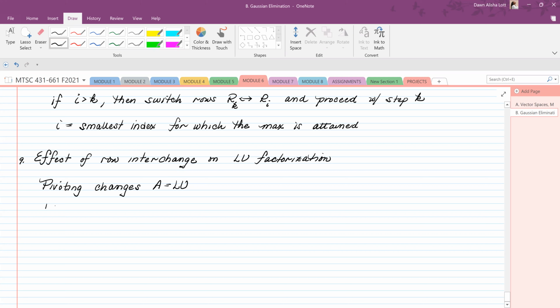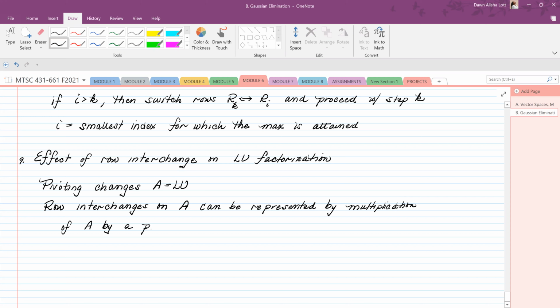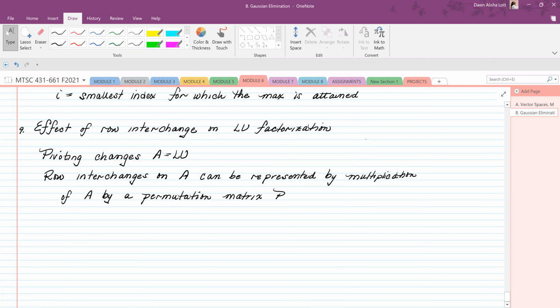Row interchanges on A can be represented by multiplication of A by a permutation matrix P. So if you switch the rows in P and multiply it by A, you'll switch the rows in A. So you end up with PA is LU.